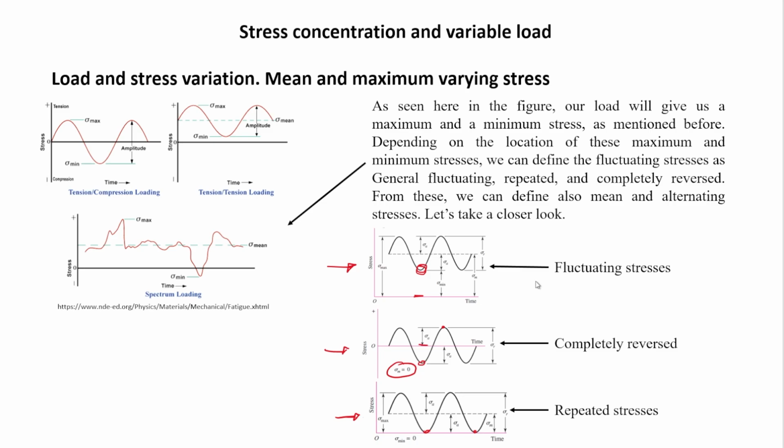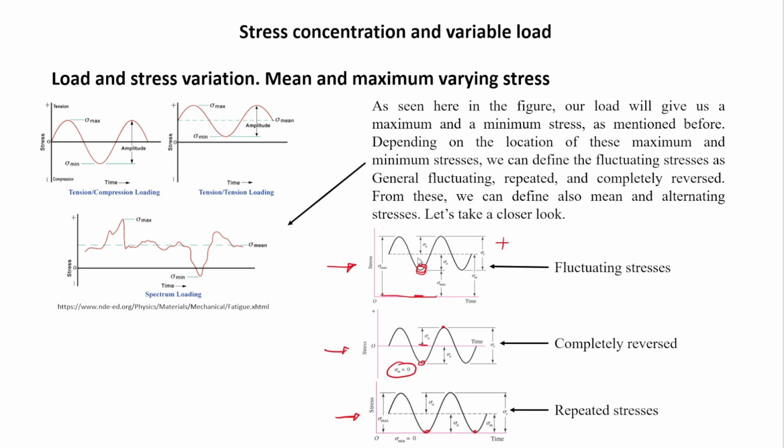A side note here is that as this curve can be away from the zero axis in the positive side, it is possible that this curve can also be presented in the negative side without touching the zero axis. That is also a fluctuating stress, but a negative one. Sorry for the mess here.